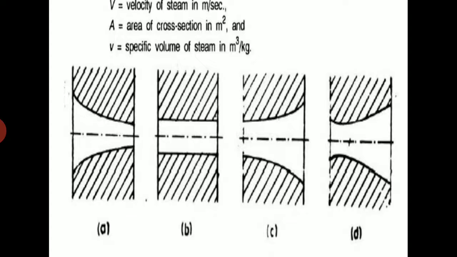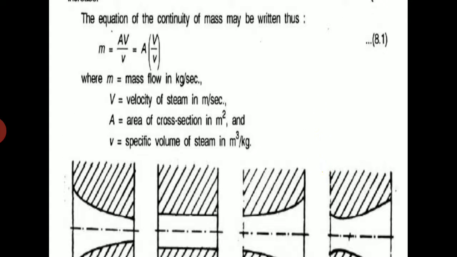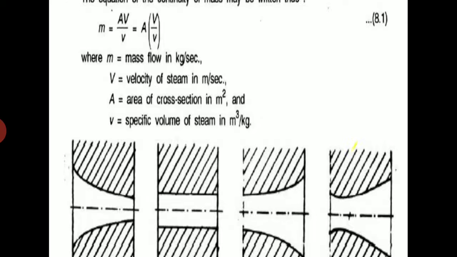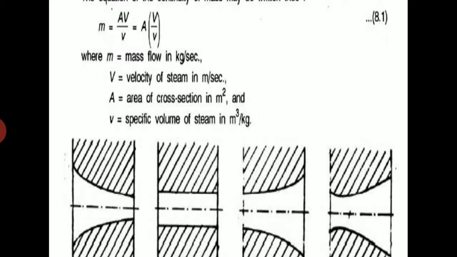As the mass flow is the same in all sections of the nozzle, the area of cross section A varies as V by v, that is capital V by small v. The manner in which capital V and small v vary depends upon the properties of the substance flowing. Hence, the contour of the nozzle passage depends upon the nature of the substance flowing.